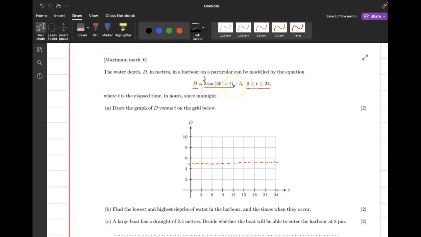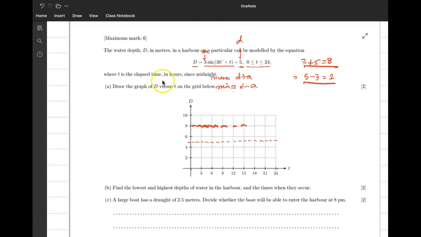So maximum value is 3 plus 5, which is 8. So this is your A, this is your D. Your maximum value will be D plus A, that's 5 plus 3, which is 8. Minimum value is D minus A, 5 minus 3, that's 2. So this is your max value and this is your min value.